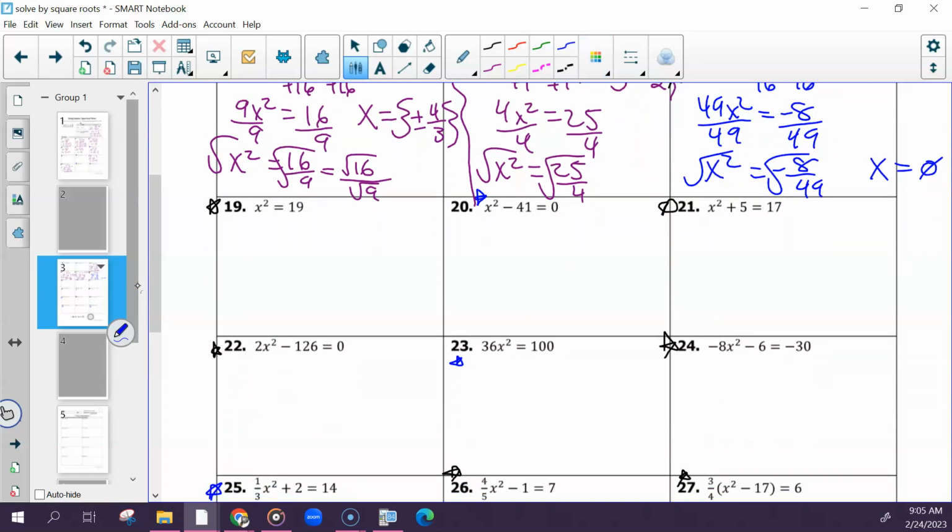So for 19, it's already isolated. If you take the square root of 19, you're going to get a decimal. But you have to do it twice, and I'm going to show you what happens. So you're going to get the positive version.